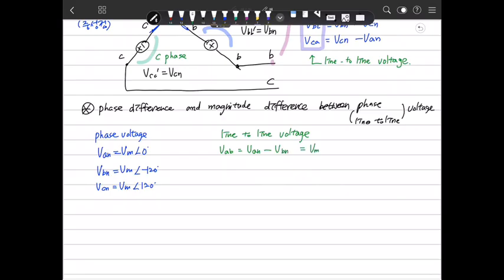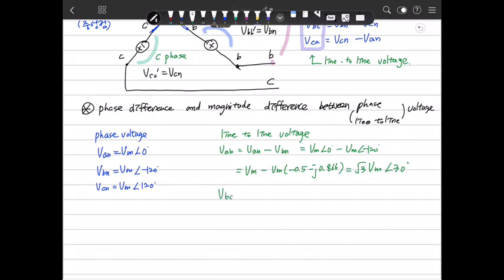So it will be VM 0 degree minus VM minus 120. And then there will be VM minus VM times minus 0.5 minus j 0.866. So it will be square root 3 VM 30 degree.